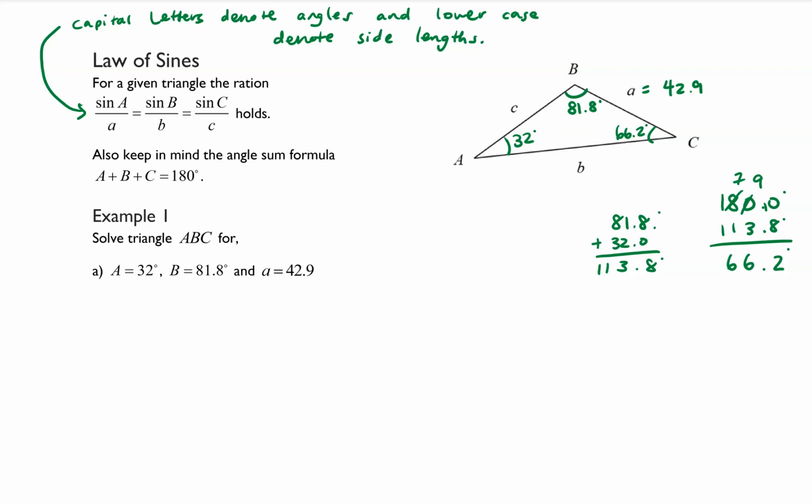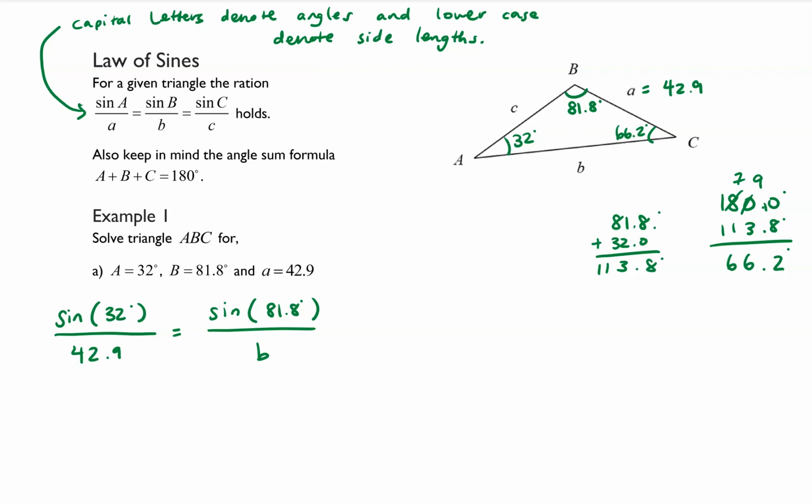So if I'm using the law of sines formula that we have up above, I know that sine of 32 degrees over 42.9 is equal to sine of 81.8 degrees over lowercase b, since we don't know what the length of b is.